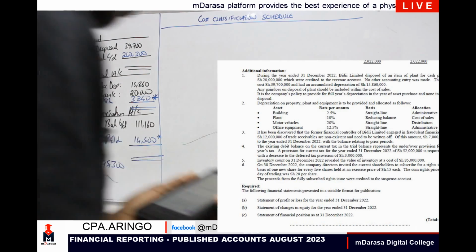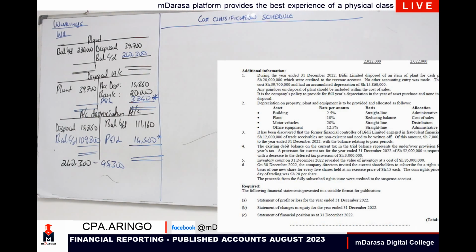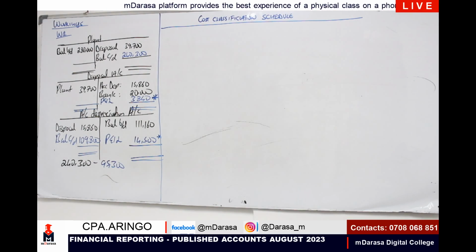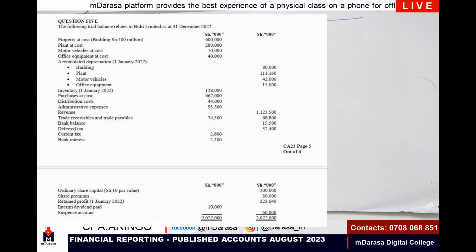Let me share this so that you can all have it. Check whatever you have in this question here. You can see all these are the items that you're literally given, including our depreciations and the other items.